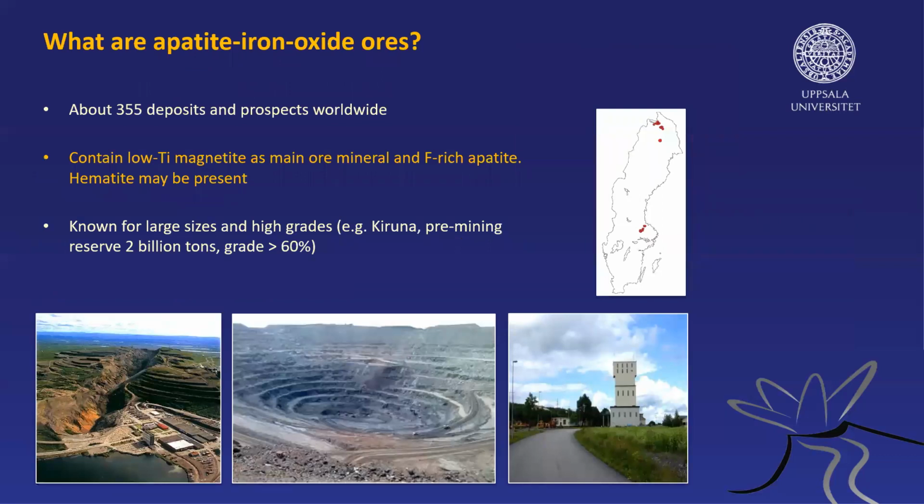A few more details about this kind of deposit. 355 deposits and prospects worldwide. They contain low titanium magnetite as a main ore mineral, fluorine-rich apatite, and we also have hematite, which is also an iron oxide.